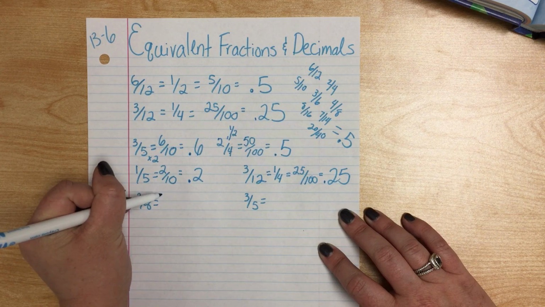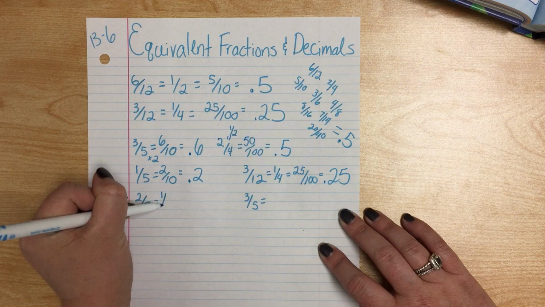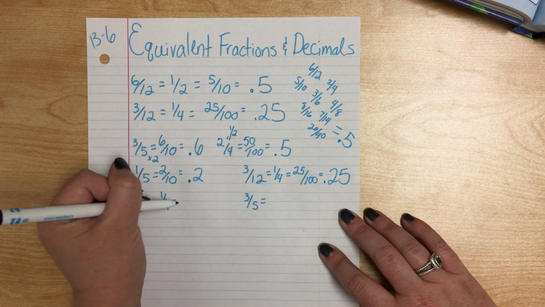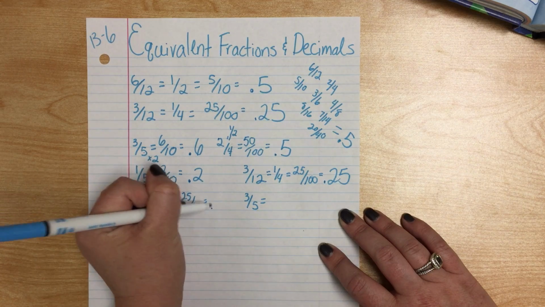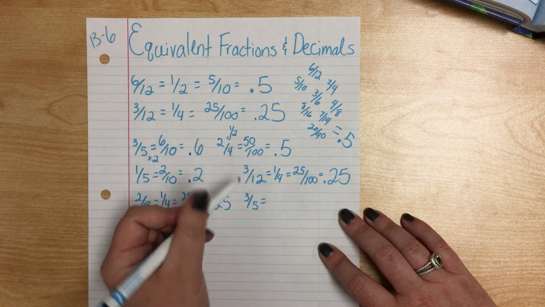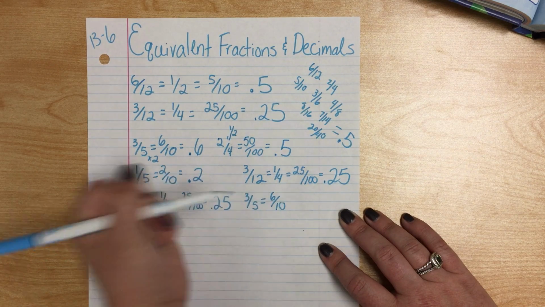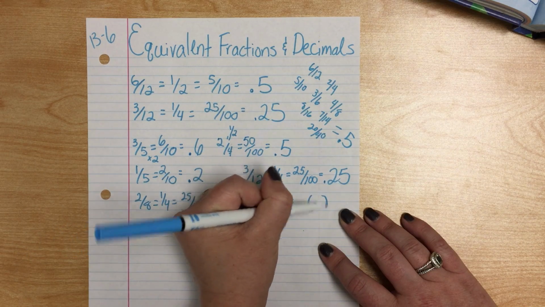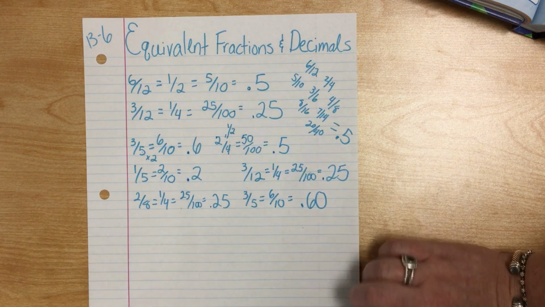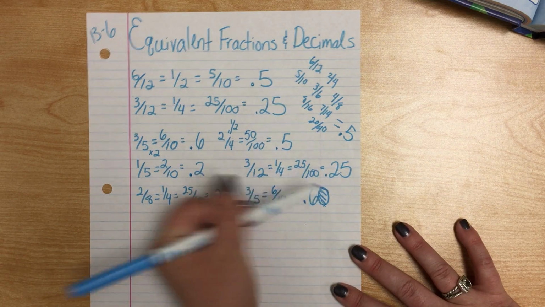What can I turn that into? That can also become 1/4, which then becomes 25 100ths, which then becomes 0.25. 3/5 will become 6/10, which then can become 0.6.